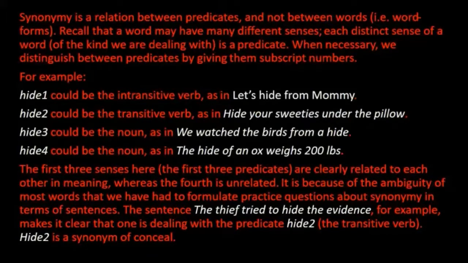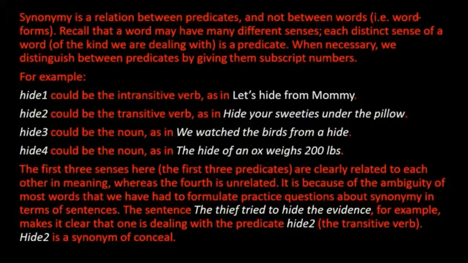For example, hide 1 could be the intransitive verb, as in let's hide from mommy. Hide 2 could be the transitive verb, as in hide your sweeties under the pillow. Hide 3 could be the noun, as in we watch the birds from a hide. Hide 4 could be the noun, as in the hide of an ox weighs 200 lbs.